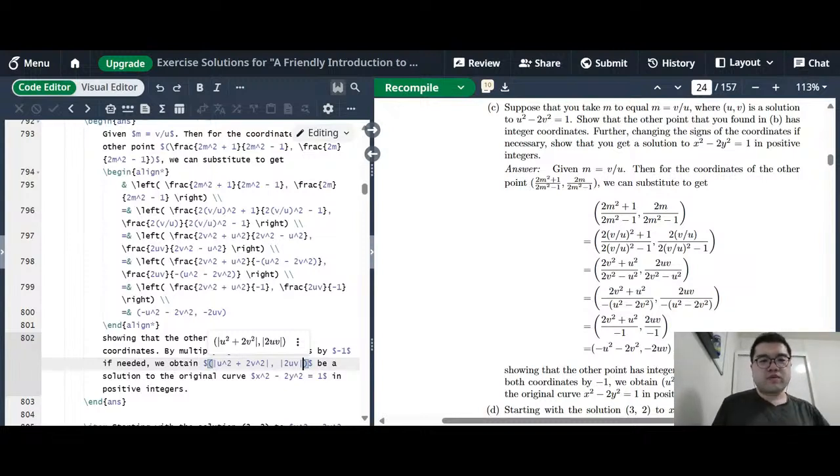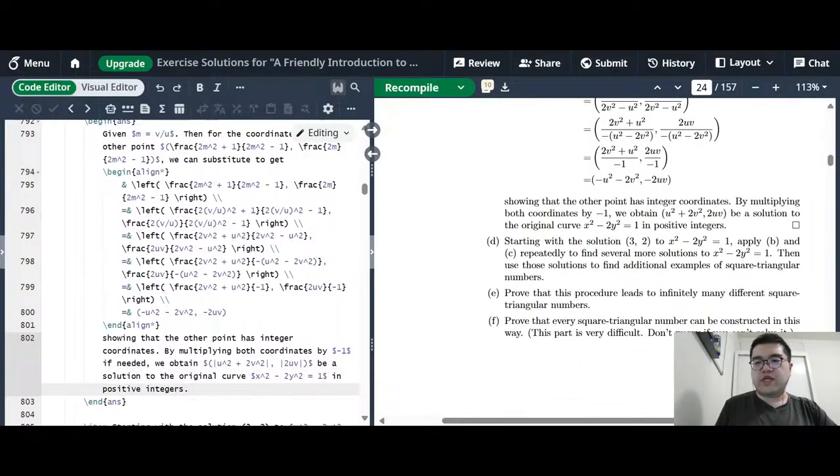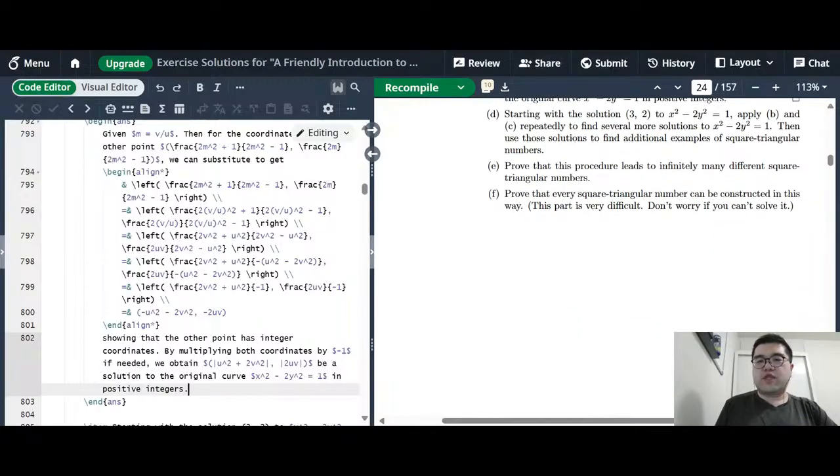To get to the solutions of what we really need. Okay, so part D. Starting with the solution (3,2) to the curve, apply B and C repeatedly to find several more solutions to the curve. Then use those solutions to find additional examples of square triangular numbers.